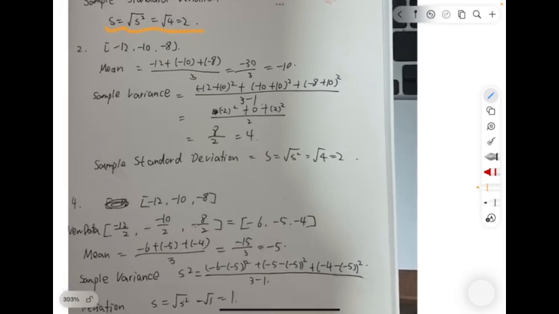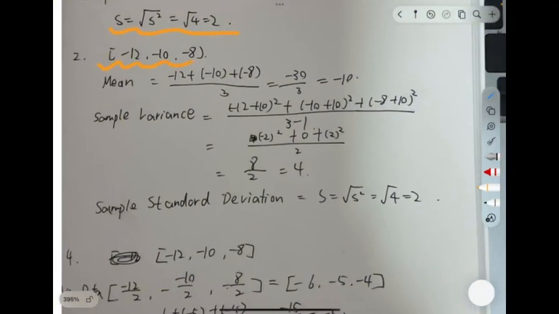On question 2. Take the data set from question 1 and subtract its mean from each data value to get a new data set. And this data is the new data.